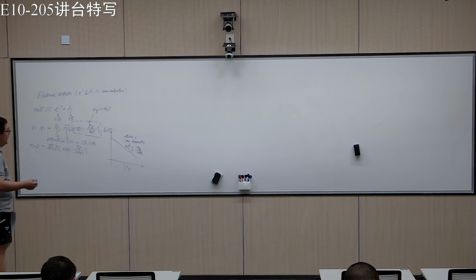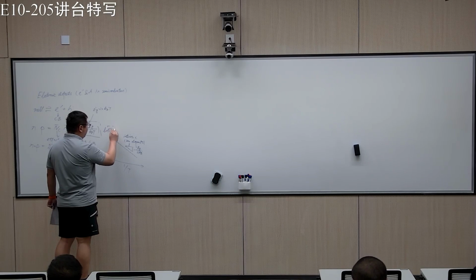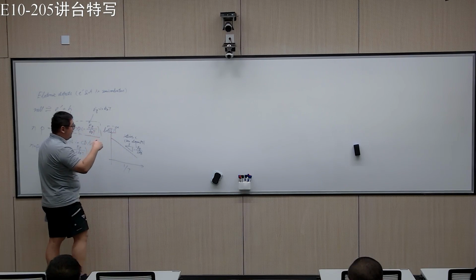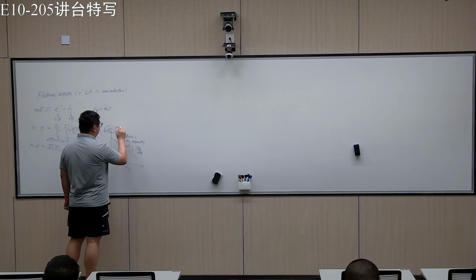Which means that, if we assume the mobility does not change, the conductivity should be proportional to the number of electrons and holes.